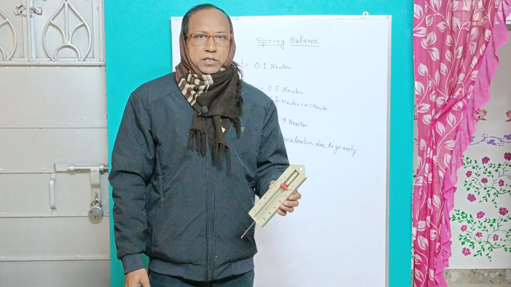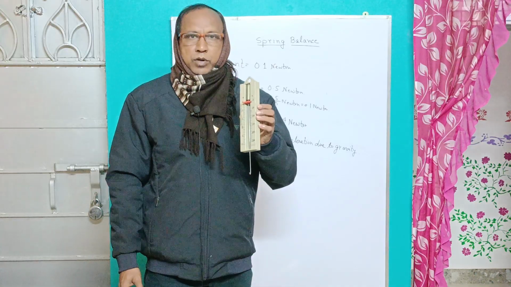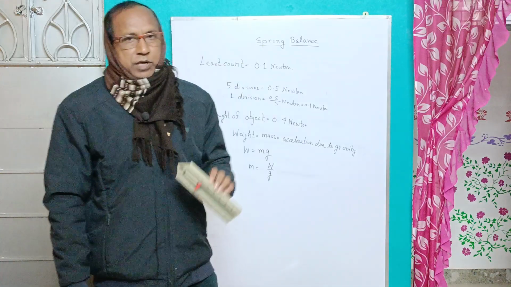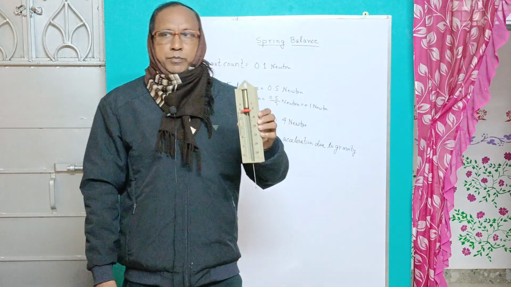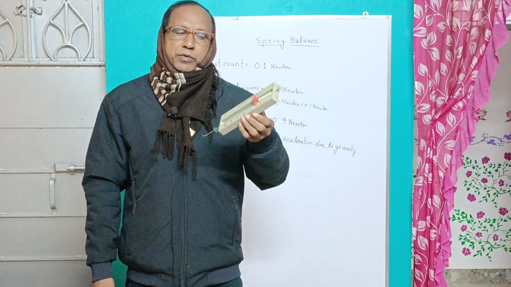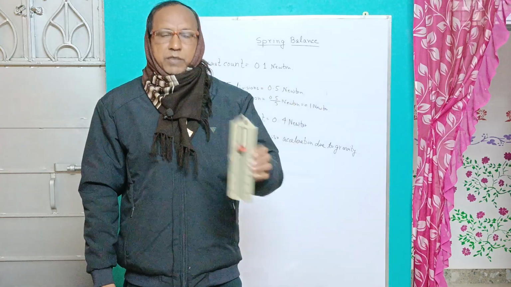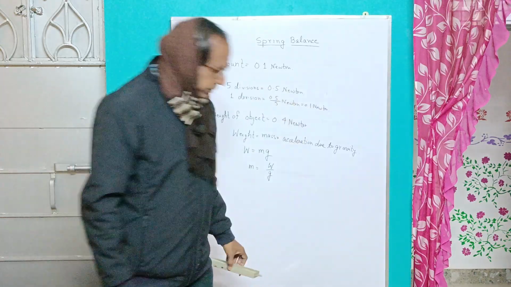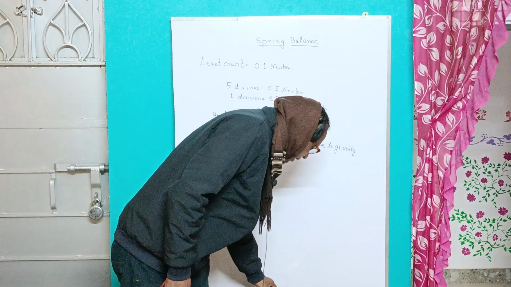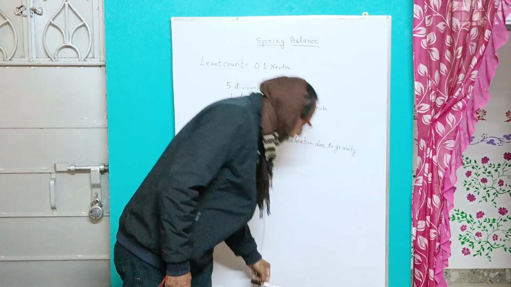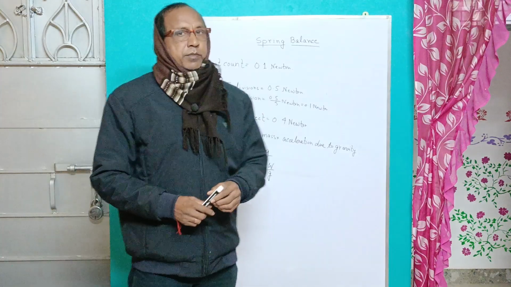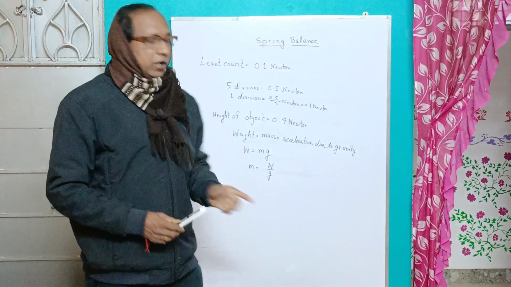But mass is the property of an object. That's why mass is the same everywhere. Wherever you take that object, the mass will be the same, but weight differs from place to place. Now what we find at the end is that with the help of spring balance we can measure the weight of an object in this way.